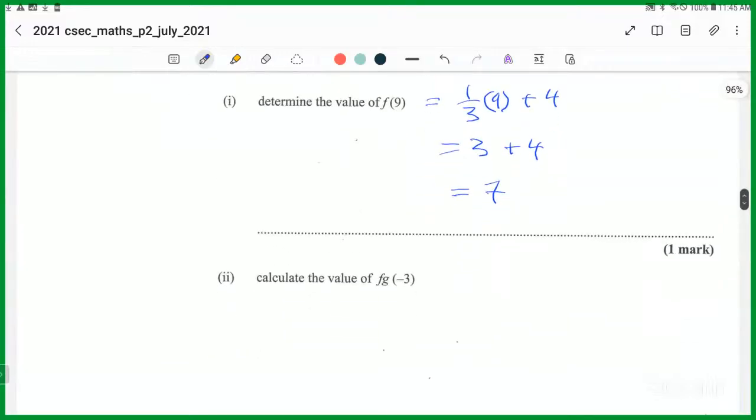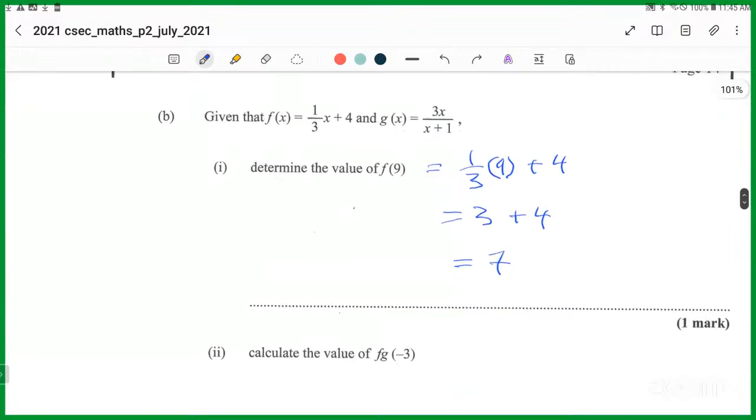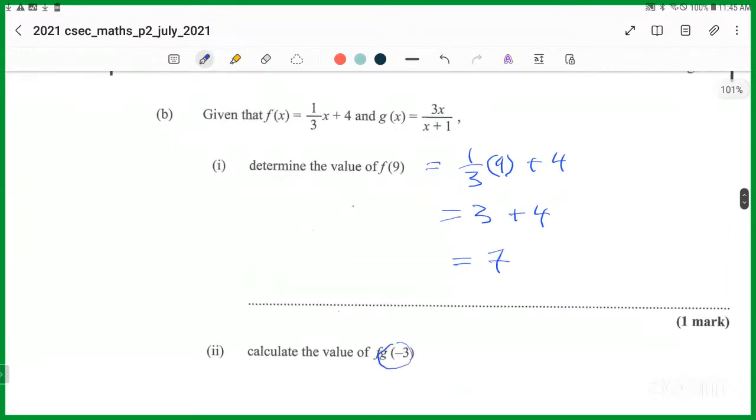Then this part now is asking us for f of g of -3. Remember, this means you do the g of -3 first. I'm going to plug the -3 in the g function, see what it is, and then plug the result in the f function. So it's going to become f of, I'm going to put the g of -3 in this bracket now. So put the -3 here on the numerator first.